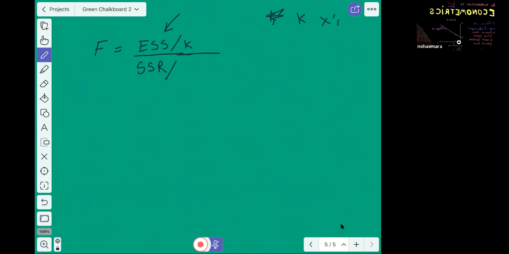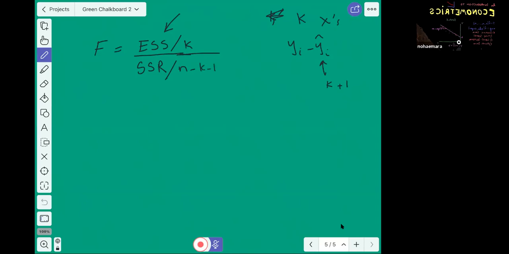For the sum of the squared residuals, which is yi minus yi hat, I have the set of parameters k, and I also have one for the intercept. So I have to adjust for that. It's going to be my sample size minus k minus 1.